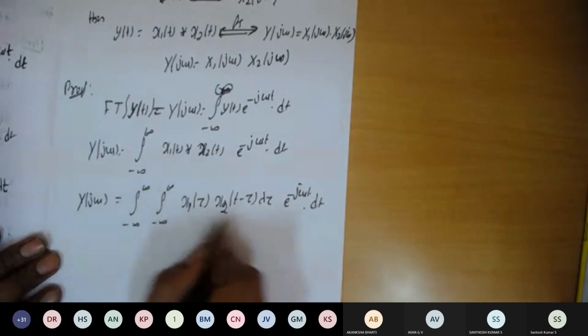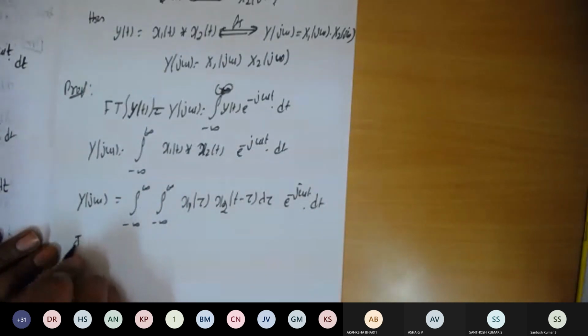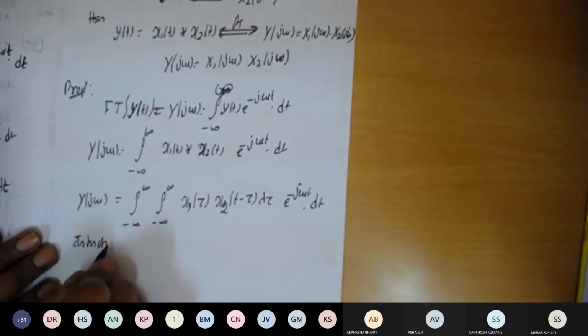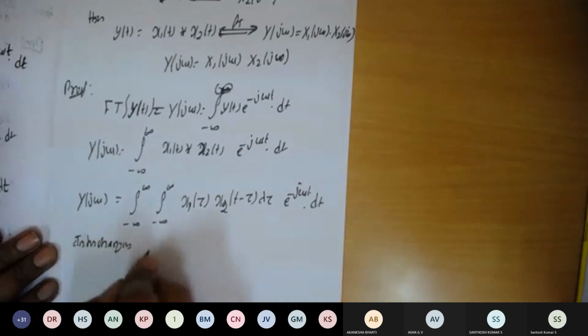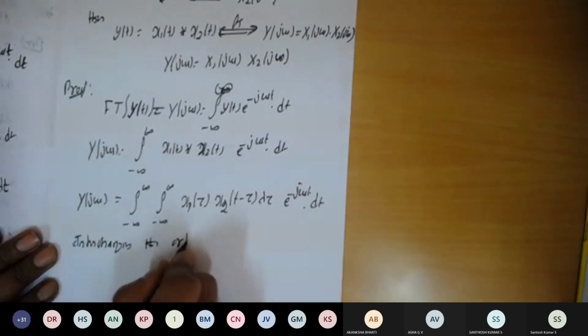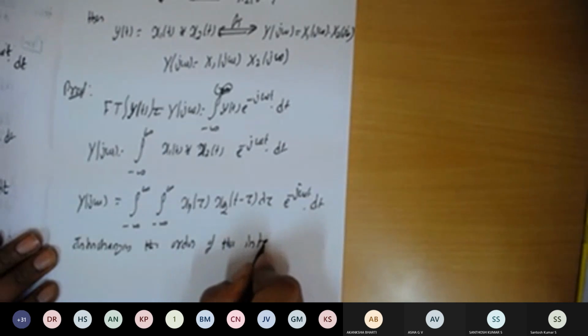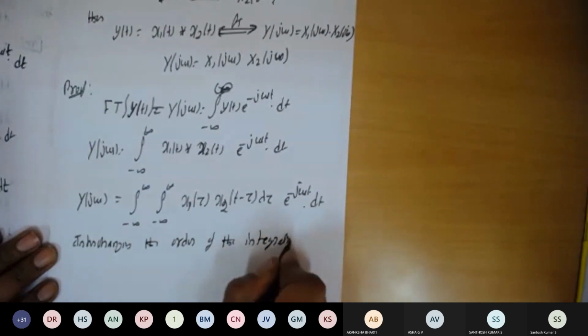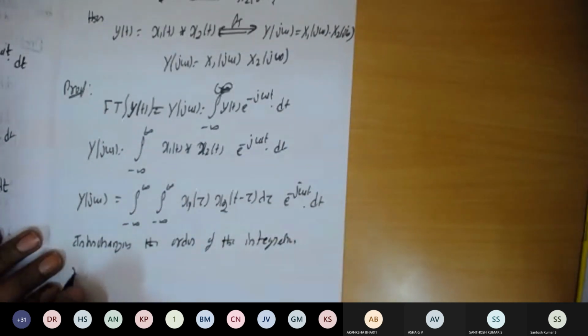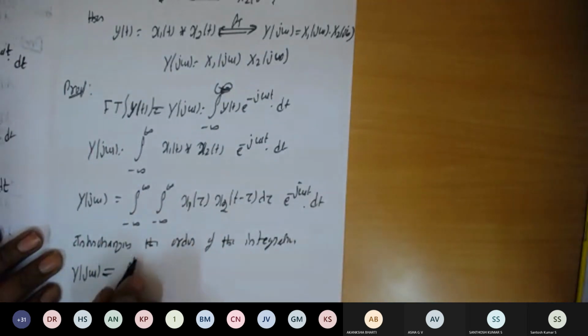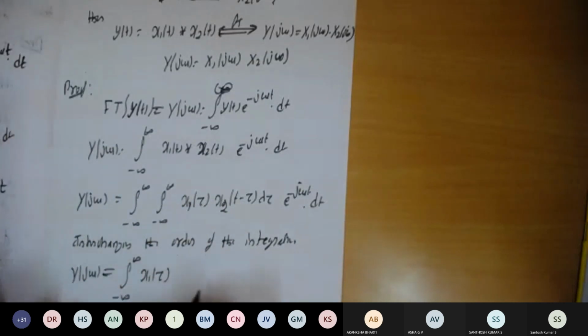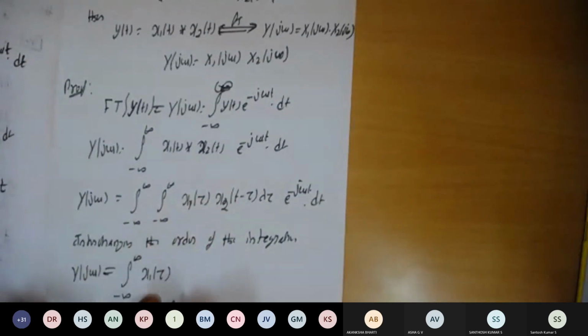So when we substitute the new integral, we interchange the order of the integration. The integral over tau moves outside, and x1 of tau, which is a function of tau, stays along with this integral.